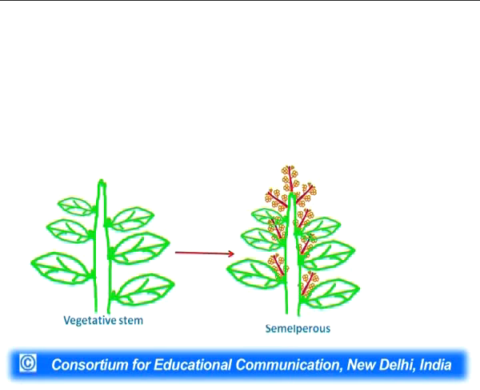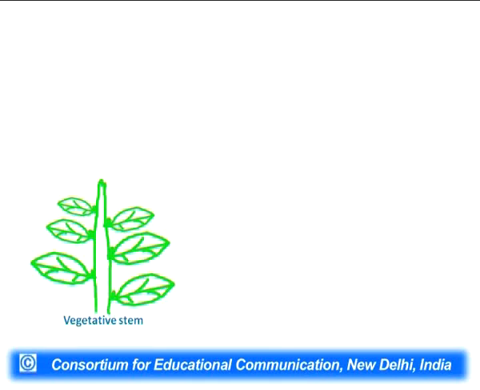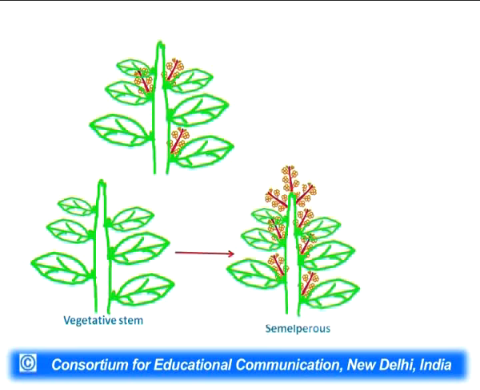This reproduction style is called semelparous or monocarpy. Here, all the energy or resources the plant had are completely used for making inflorescences or offspring, and no vegetative stem or shoot apical meristem is left for the next round. In contrast, you will find a plant which is called heteroparous.